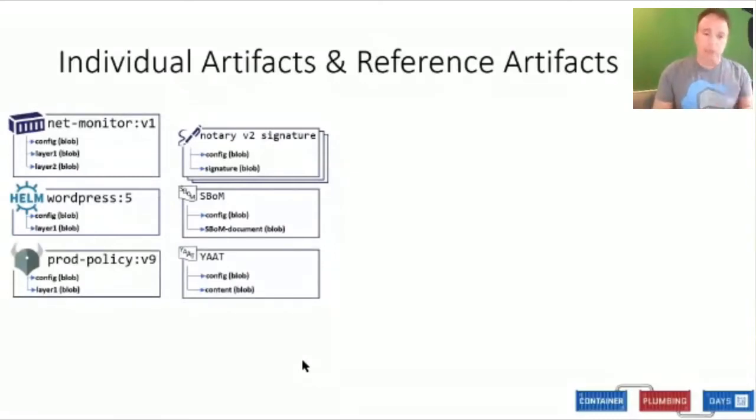And my deployment script, if I want to reference it by tag or by digest, I don't want to have to change that just because I add a signature associated with it, or an SBOM, or anything else that's associated with that. I want to enhance that artifact without having to change it. So this has been one of the things that is a requirement. How do we support that requirement?